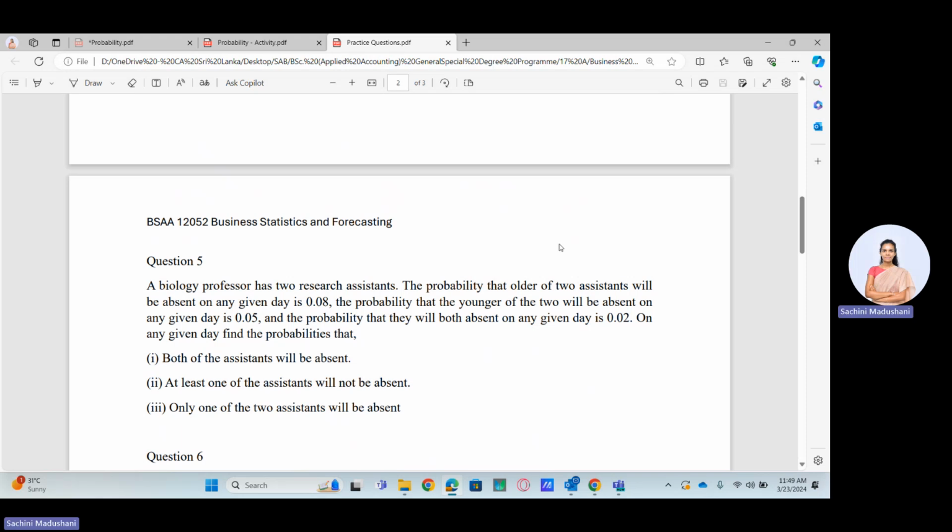Then what does not occur here? Both will be absent. This will not occur.